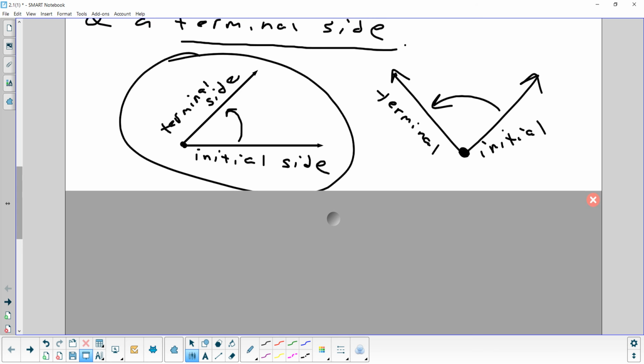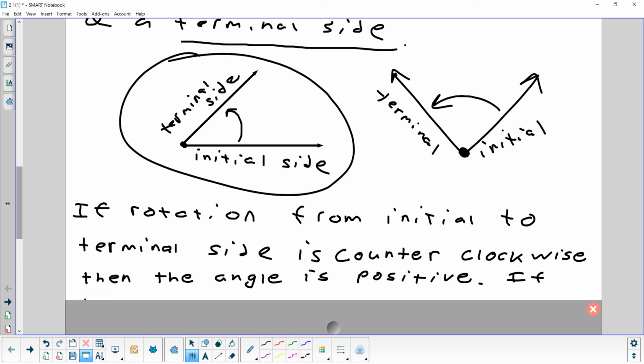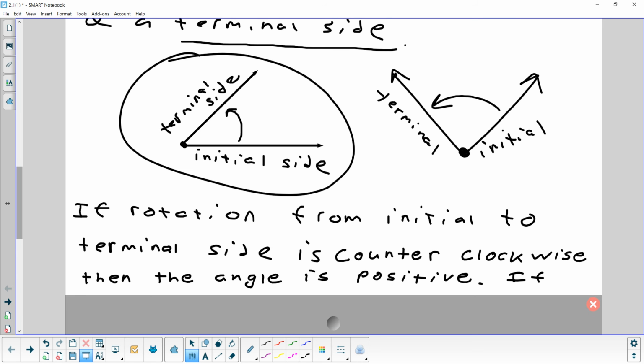So, when we start to talk about measuring an angle, whether we're going to measure in degrees or radians, there are two directions you can measure in. Which way you measure is going to give you a different answer. When you measure an angle, if the rotation from the initial to the terminal side is counterclockwise, so in other words, if you go this way, that's what we call the positive direction.